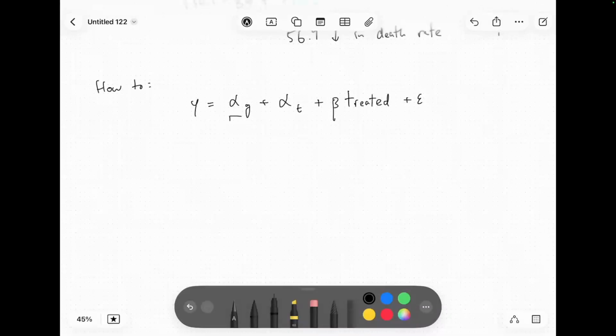This would be a dummy for the group. This would be a dummy for time. And then you have a coefficient on the treatment.